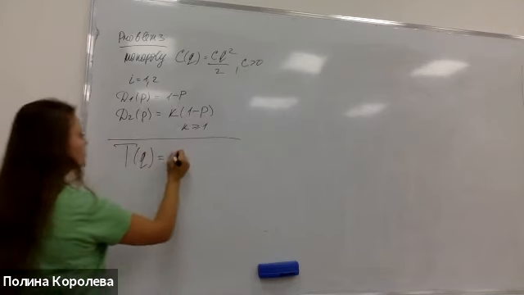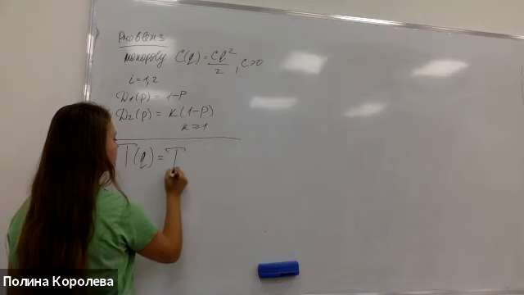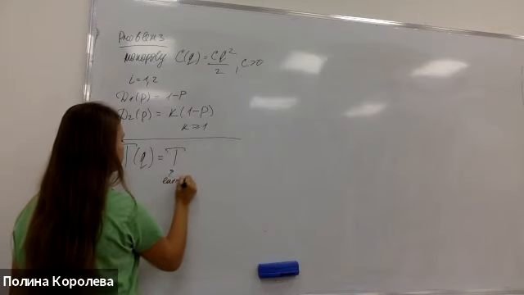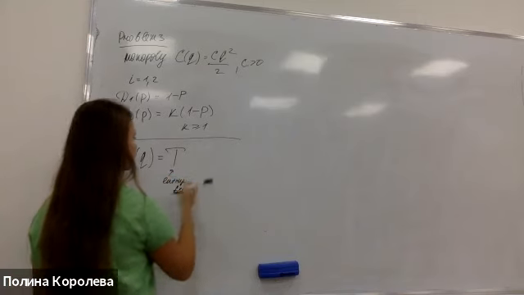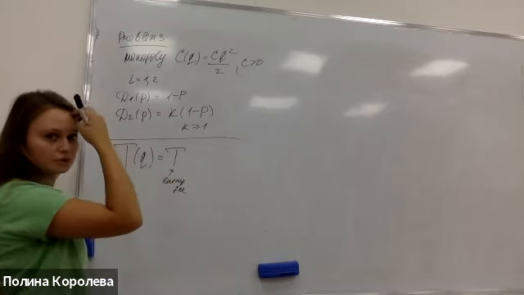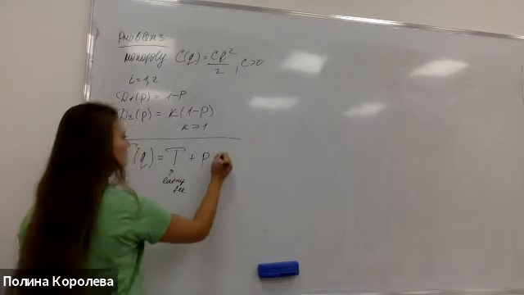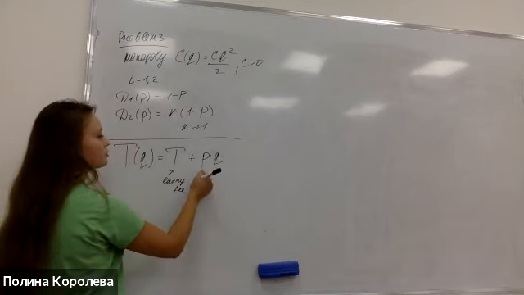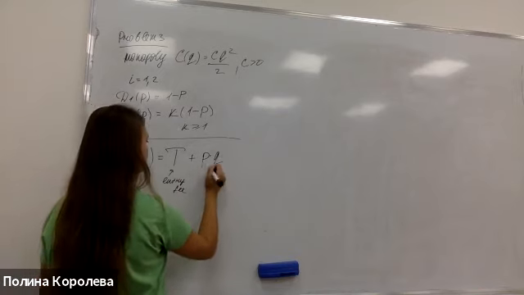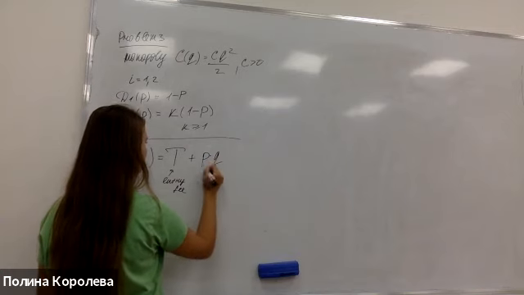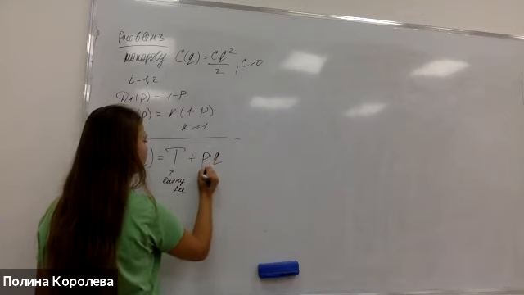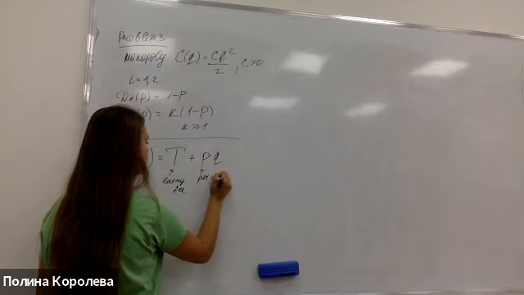In two-part tariff, we have an entry fee that should be paid by each consumer who wants to buy, plus we have a per unit price for each unit of good that we bought.